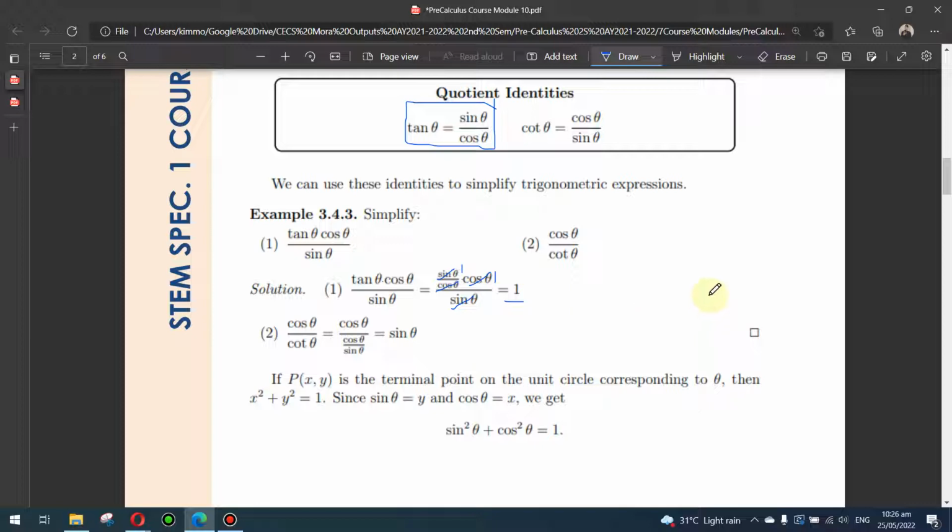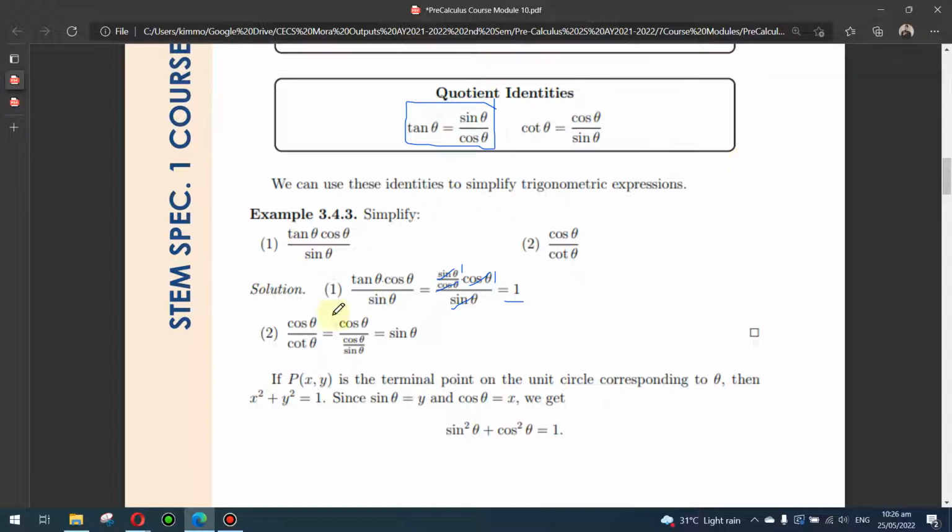Next example, we have cosine over cotangent. So again, we are going to use the quotient identity. In the numerator, we just remain cosine. Then our denominator, we have cosine over sine.